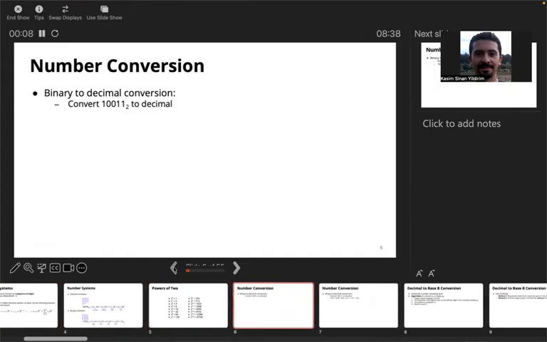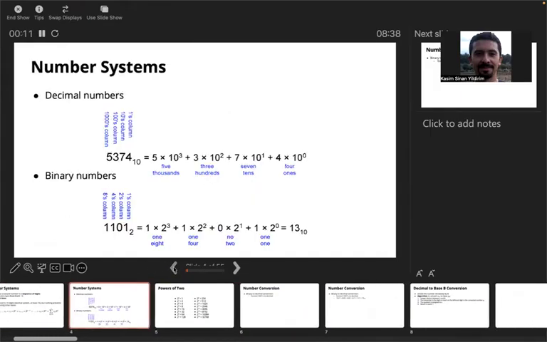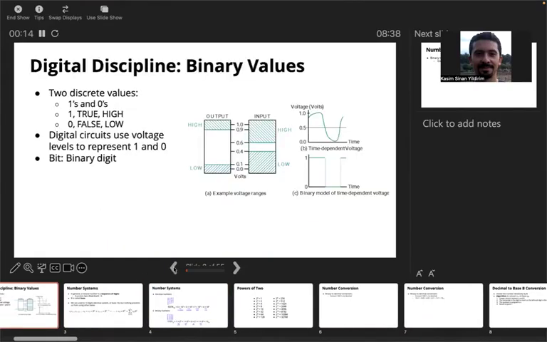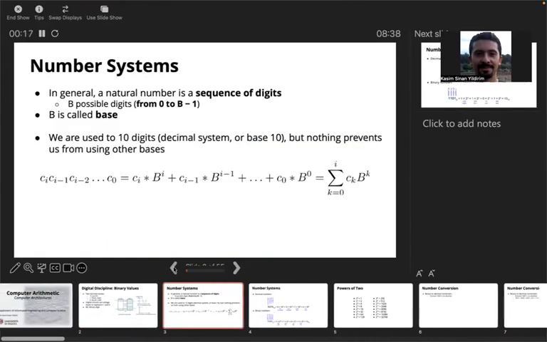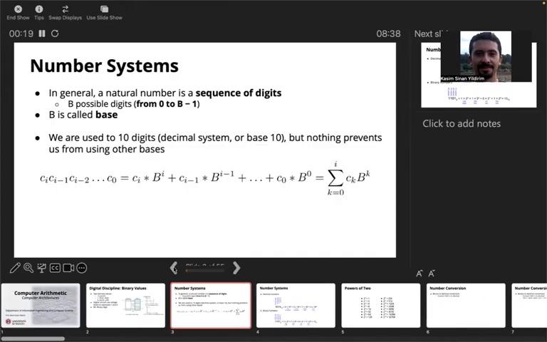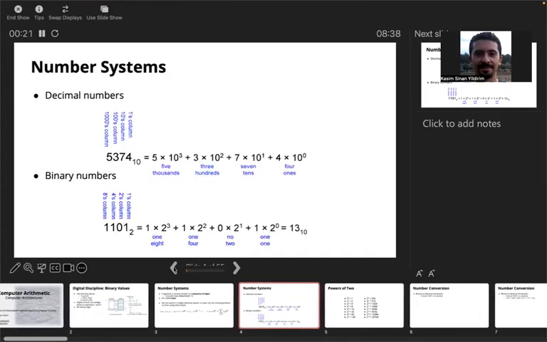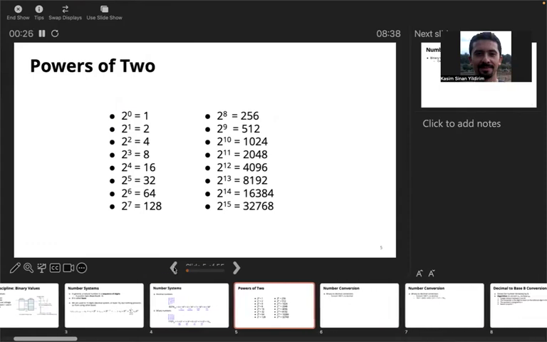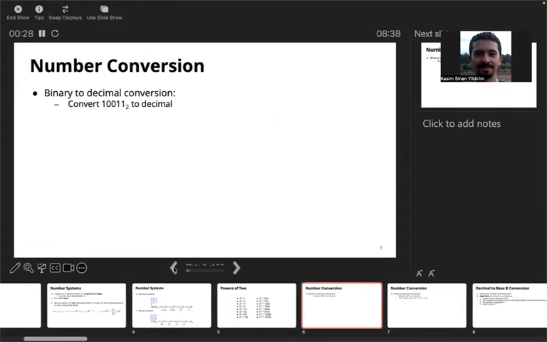Okay, what we did, basically, I tried to highlight how we convert numbers from one number system or base to another. Now I assume that we are familiar with converting decimal numbers to binary or binary numbers to decimal.